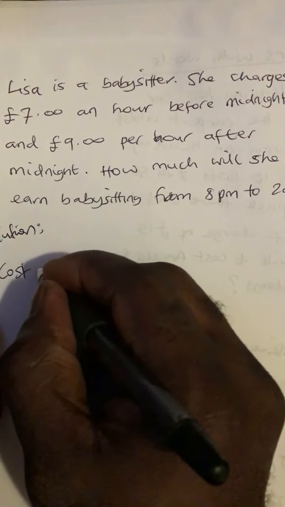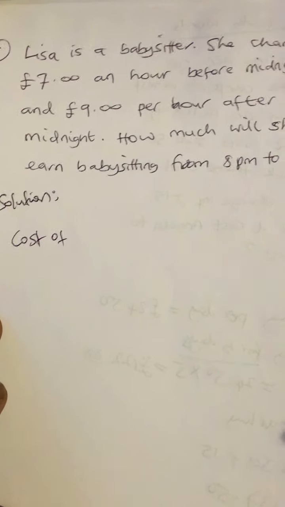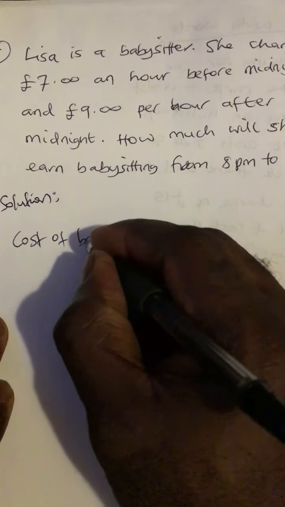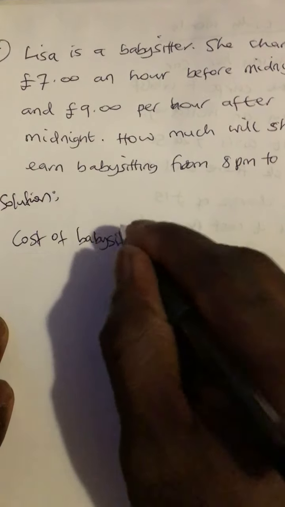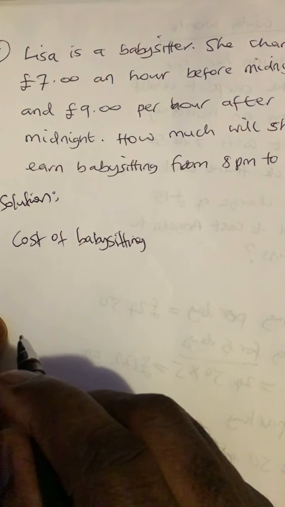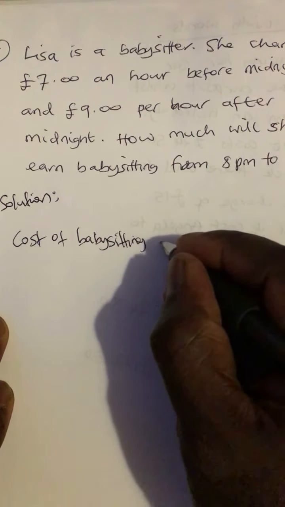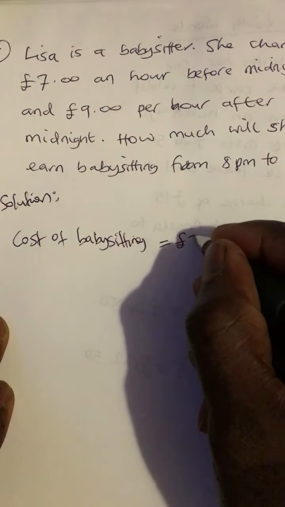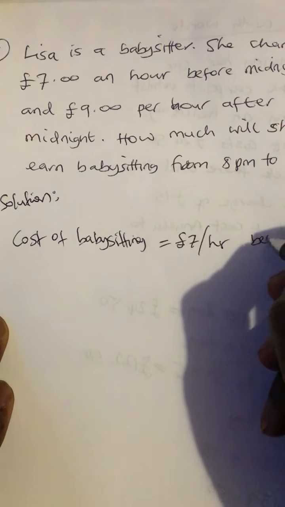cost of babysitting is equal to £7 per hour before midnight.